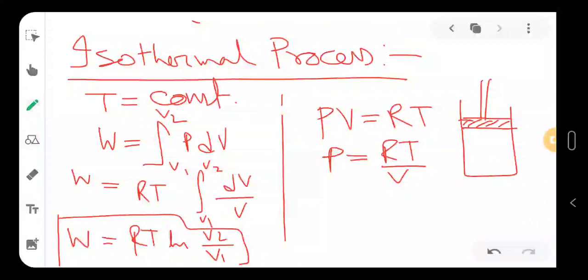One more thing: we were talking only about providing heat energy, but the processes can also be reversed. If I press the piston, what will happen? The molecules will come closer to each other more and more.